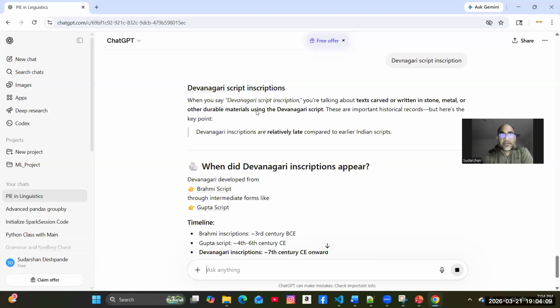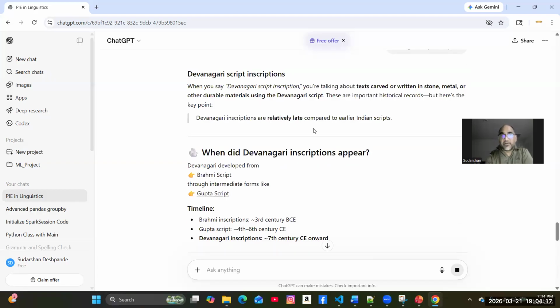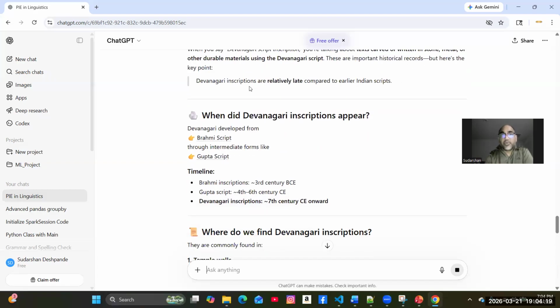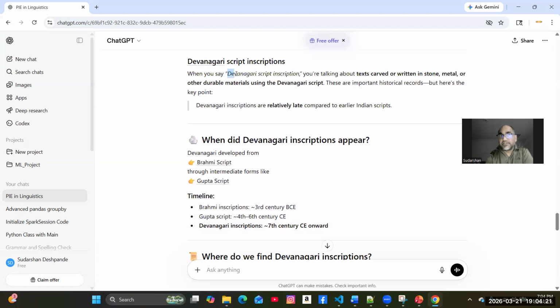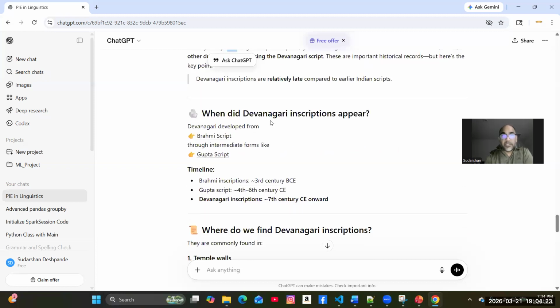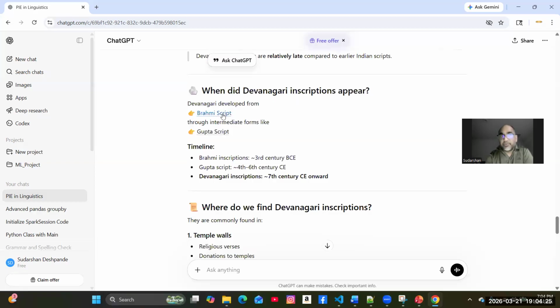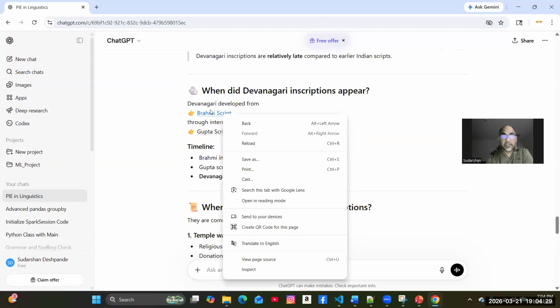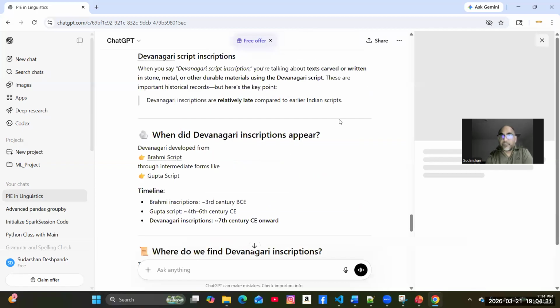So what does Devanagari mean? Devanagari means the script comes from God. That's what it says, literally from God. You know the word Deus. So that's the word here. It came from the Brahmi script. If you want to study more about it, let me just click on that. It will tell us the brief history.